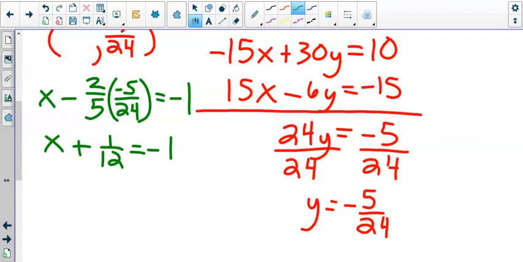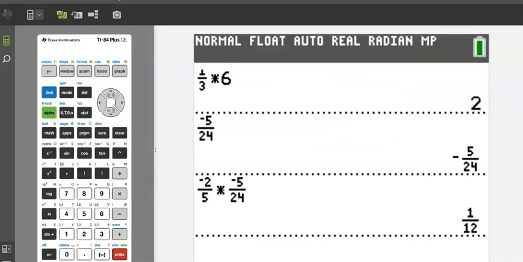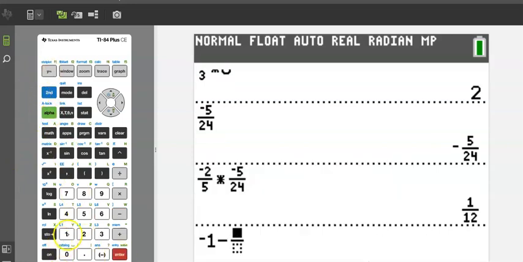Now how do I get x by itself? All right. So now again, I'm just going to go to my calculator, and I'm going to let it do that. We're going to take negative 1 minus 1/12. So negative 1 minus alpha y equals 1 over 12.